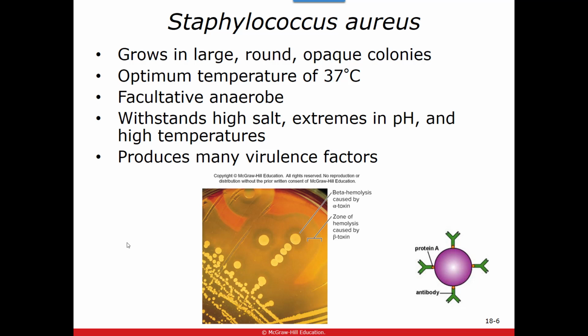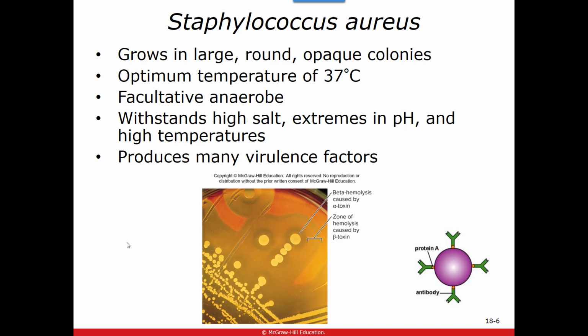The interesting part, a lot of Staphylococcus, including this one, can withstand a lot of salt, which makes sense. A lot of these Staphylococcus bacteria are found on our skin. Well, there's a lot of salt on there, especially anytime you sweat. They don't love the salt, but they can withstand that high salt content area, whereas a lot of other bacteria wouldn't. They can change or withstand extreme pH changes and even high temperatures.